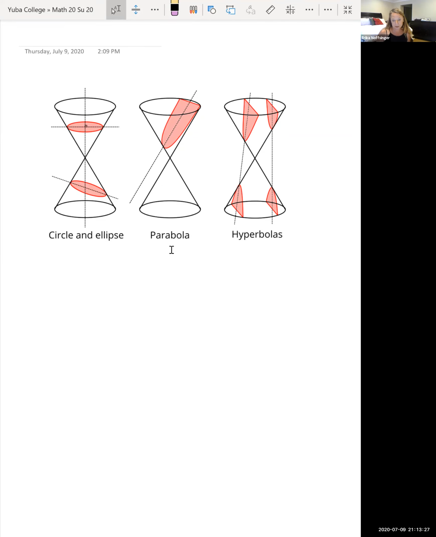I'm going to actually give you a different type of definition for a parabola. So just bear with me and see if I can explain this so that it makes sense.